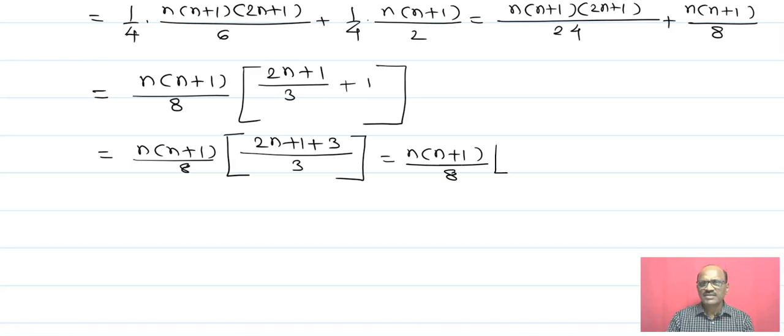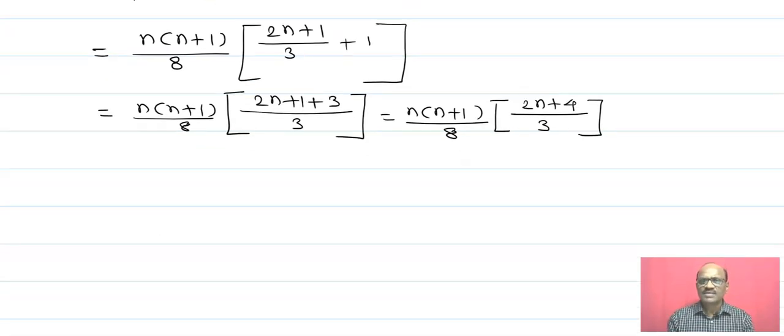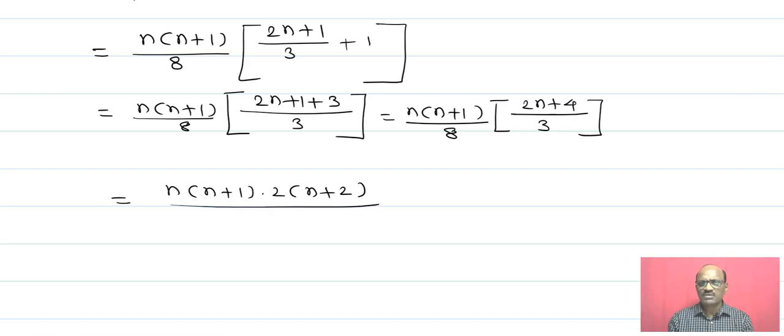In the next bracket, 2n plus 4 upon 3, and this is the final. Therefore we have n into n plus 1, 2 in bracket n plus 2 upon 24.